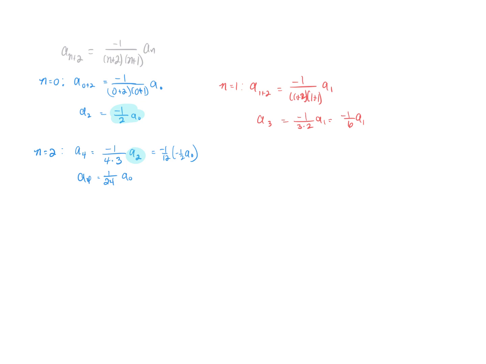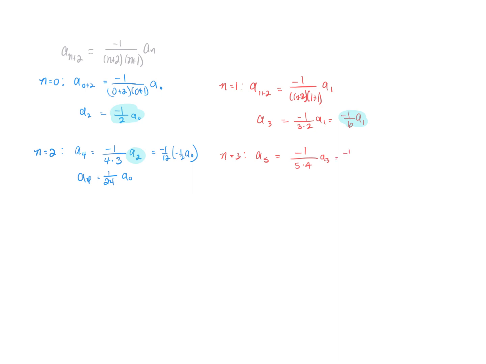Let's see what happens when we look at n equals 3. Well, then we would have a sub 3 plus 2, which is 5, equals negative 1 over 3 plus 2, which is 5, times 3 plus 1, which is 4, a sub 3. Well, again, we know what a sub 3 is. A sub 3 is negative 1/6 a sub 1.